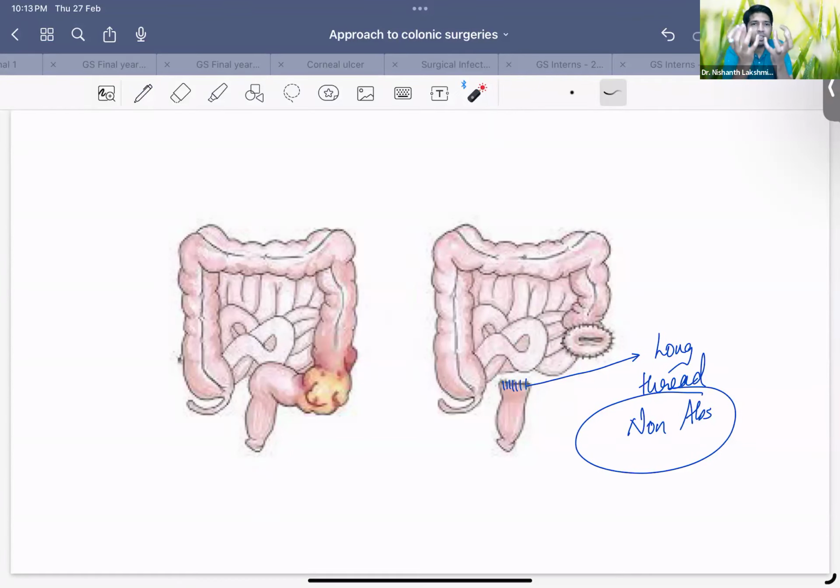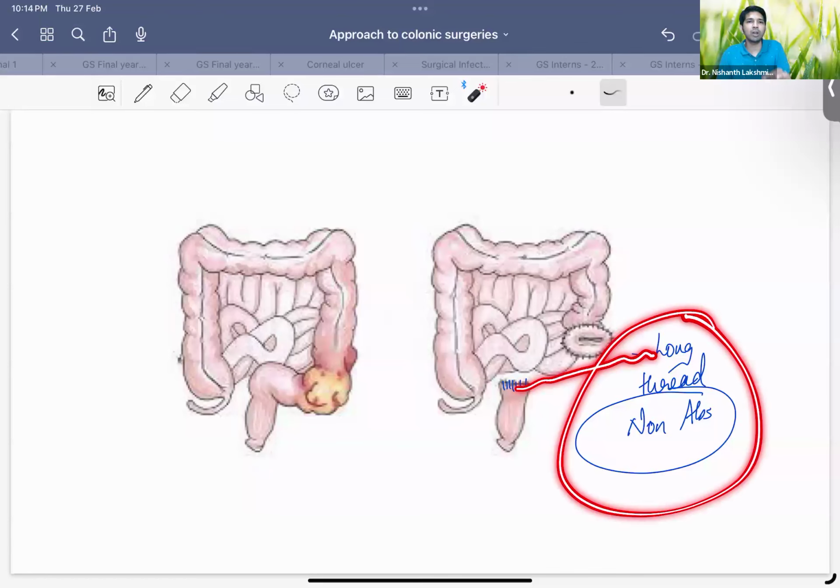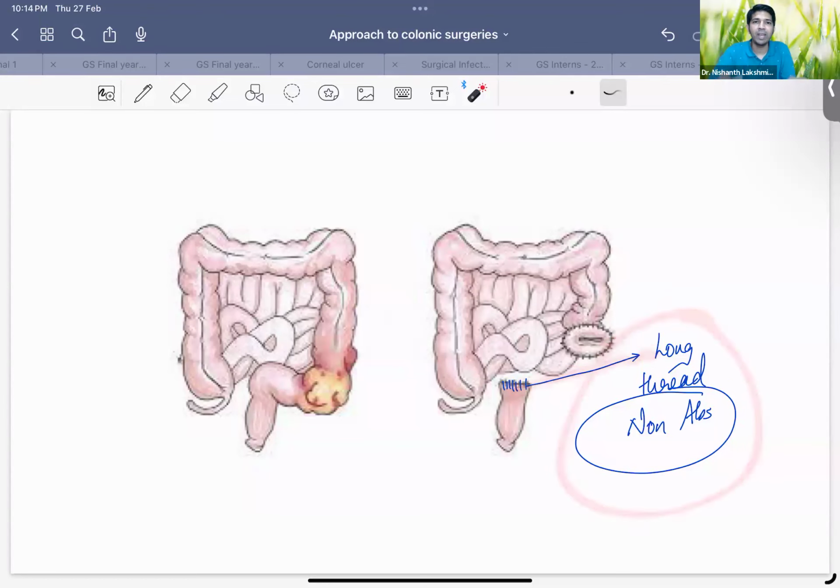And the rectal stump also will shrink because it is not being used. So it becomes very difficult to identify which is the rectum, which is the bladder, which is a small bowel. So this long non-absorbable thread is probably one way of trying to identify where the rectal stump is. Then you get around the rectal stump, do your end-to-end anastomosis, and then you get out.